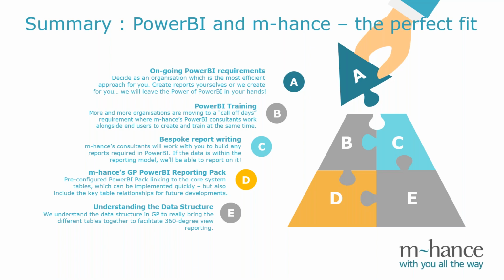They've got the starter for 10 pack, and people are buying chunks of days off us, where a consultant sits with them and creates reports together, or guides you and your team through creating reports and understanding the different things in Power BI. That seems to be very popular at the moment.